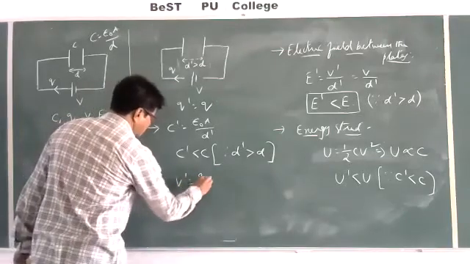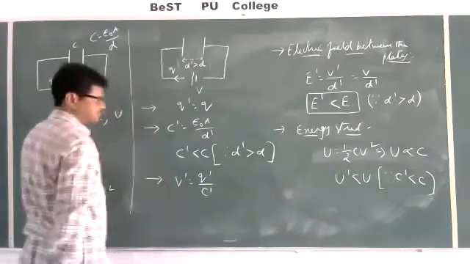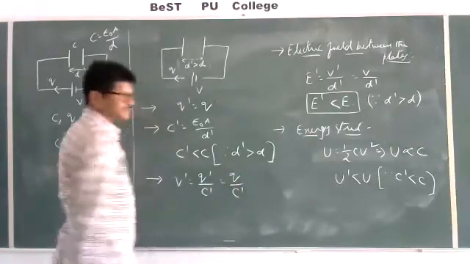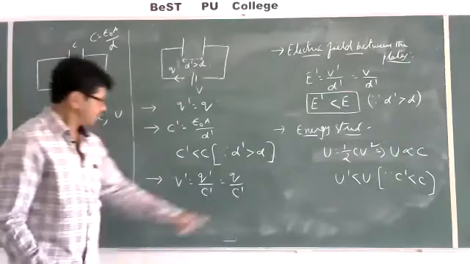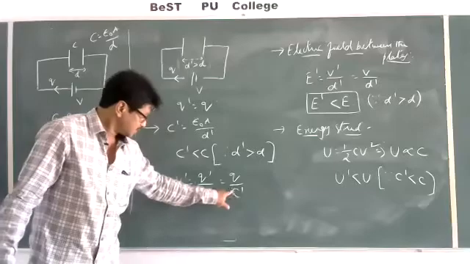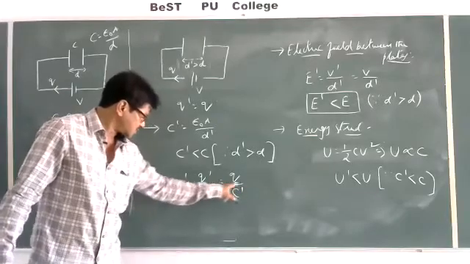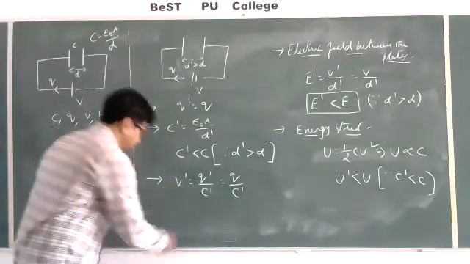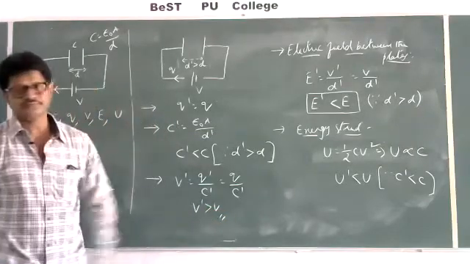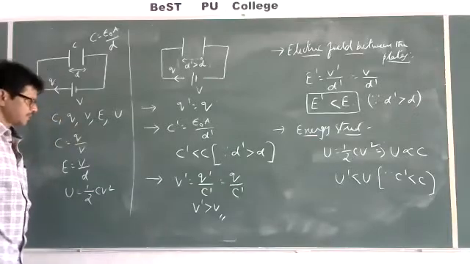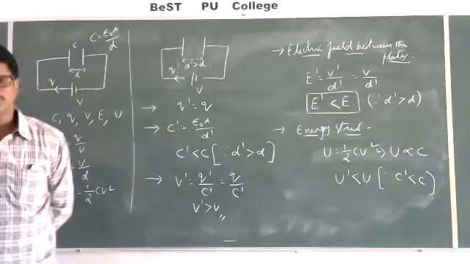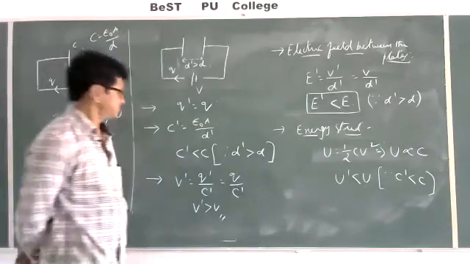V dash is equal to Q dash by C dash, which is equal to Q by C dash. Since capacitance decreases, they are inversely proportional, so potential increases. V dash is greater than V. Potential difference between the two plates increases.